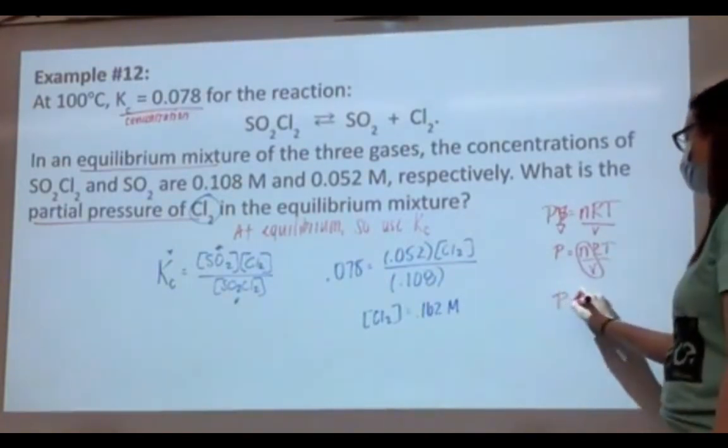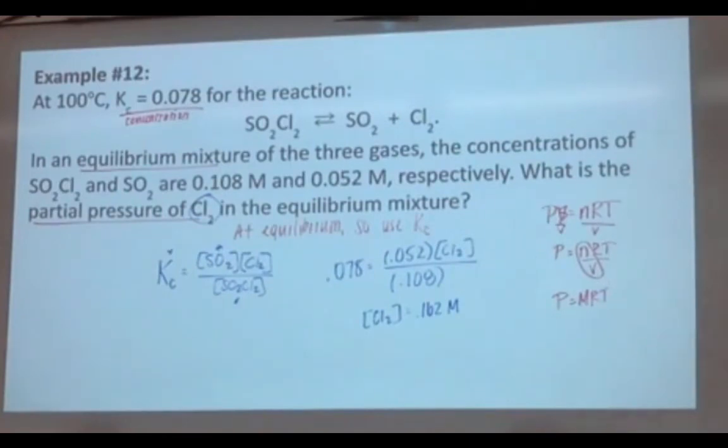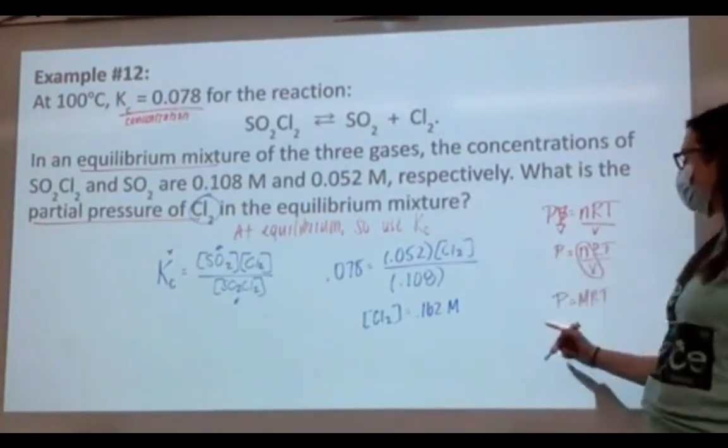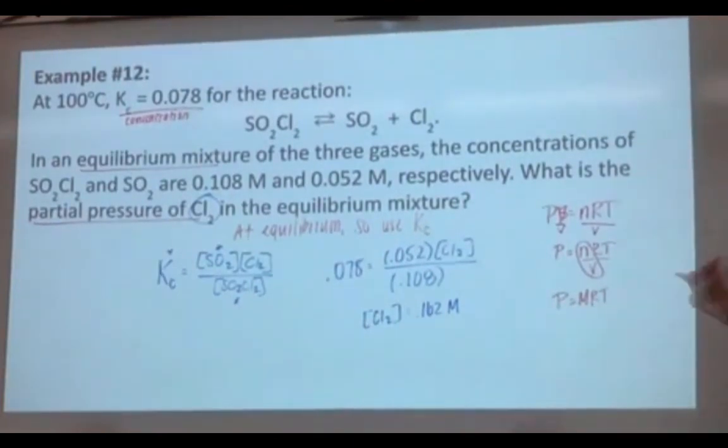This is how we get P equals MRT. Capital M is molarity. If we need to solve for a pressure and we have molarity, we can use a derived version of the ideal gas law.